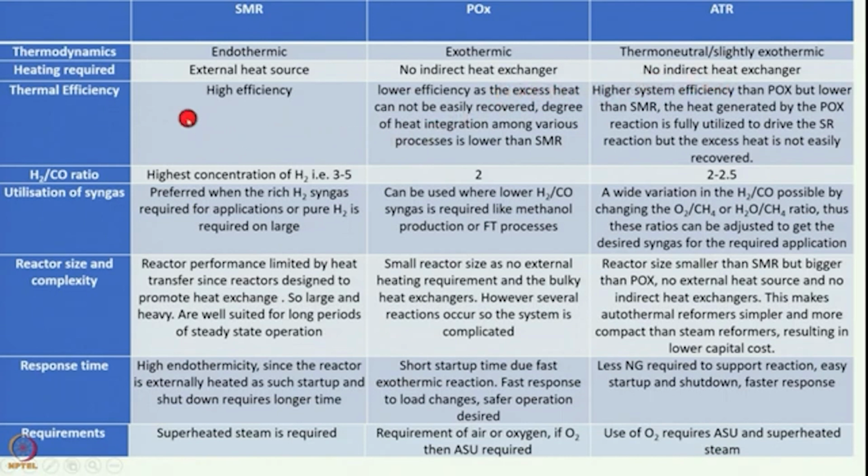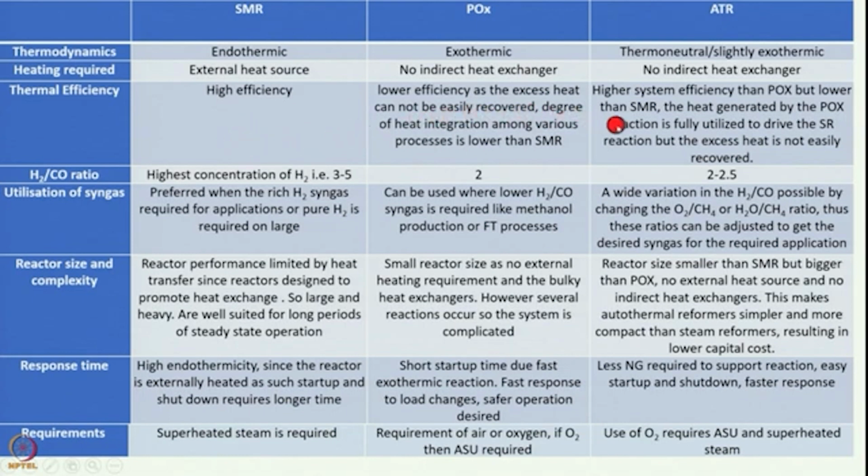The thermal efficiency with the use of several heat exchangers is higher in the case of steam methane reforming, but in partial oxidation there are exothermic reactions occurring and it is very difficult to recover the excess heat obtained in the process. So, the degree of heat integration is not like it was in steam methane reforming.